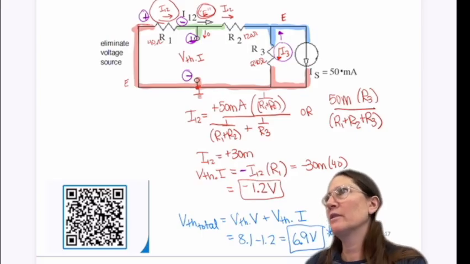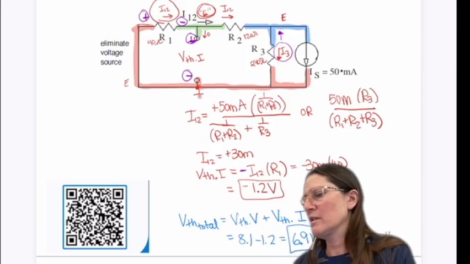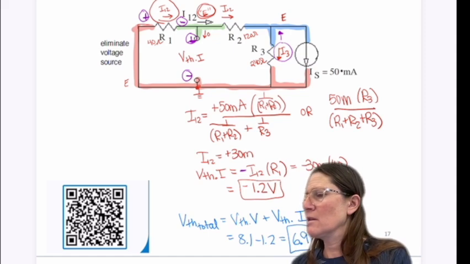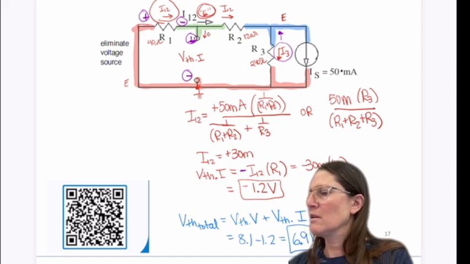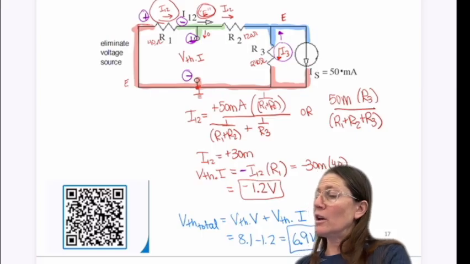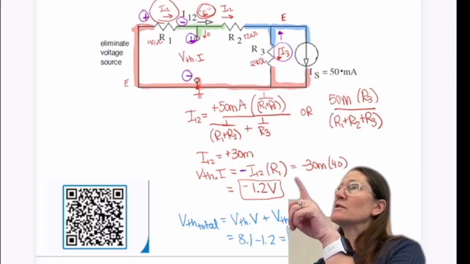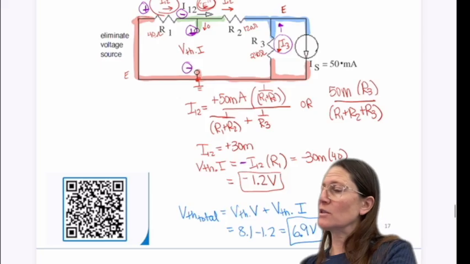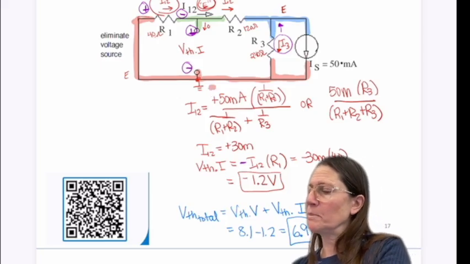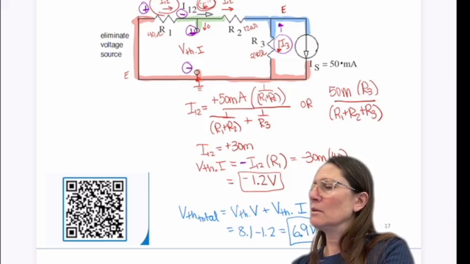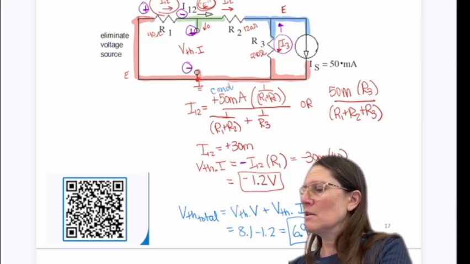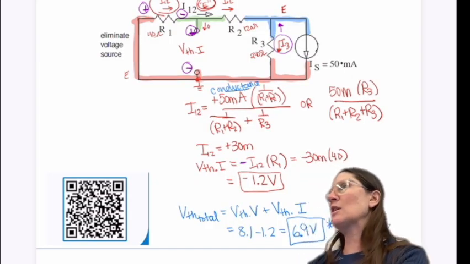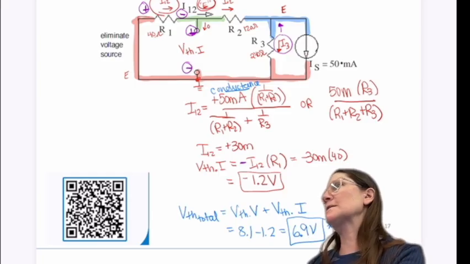Yes? You're finding I12, why'd you decide to use the R3 on your current divider, like 50 milliamps times R3? Is that just because it was in parallel? So you have the two branches, and if you're going to use the one that's not the conductance, so this one is called the conductance one. So the conductance is going to be the same resistors in the branch you're trying to find.